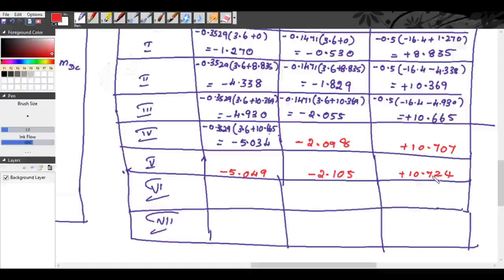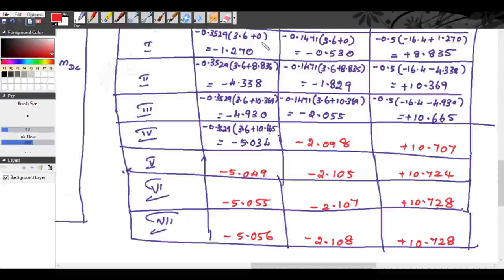For iteration 6, the values are minus 5.055, minus 2.107, plus 10.728. For the 7th cycle, the values are minus 5.056, minus 2.108, plus 10.728. So these are our final values.